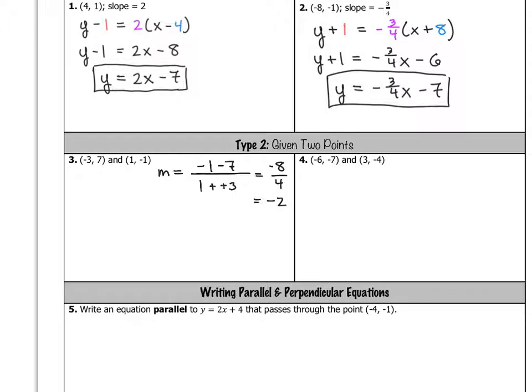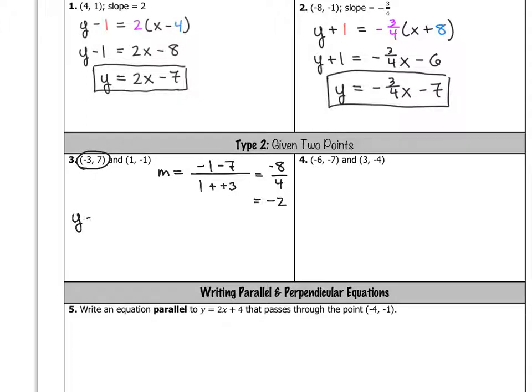So then we're going to use that slope, m equals -2, and one of our 2 points, either (-3, 7) or (1, -1), and do the same thing that we did in examples 1 and 2. So I'll pick this point here, and now I can use my point-slope form.